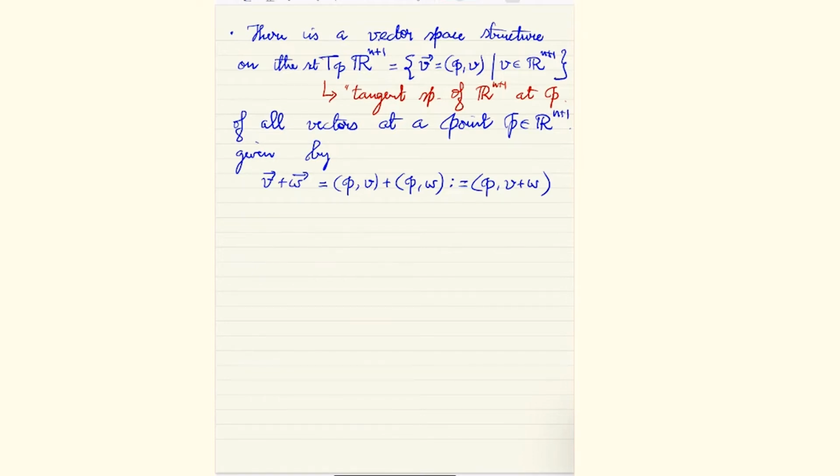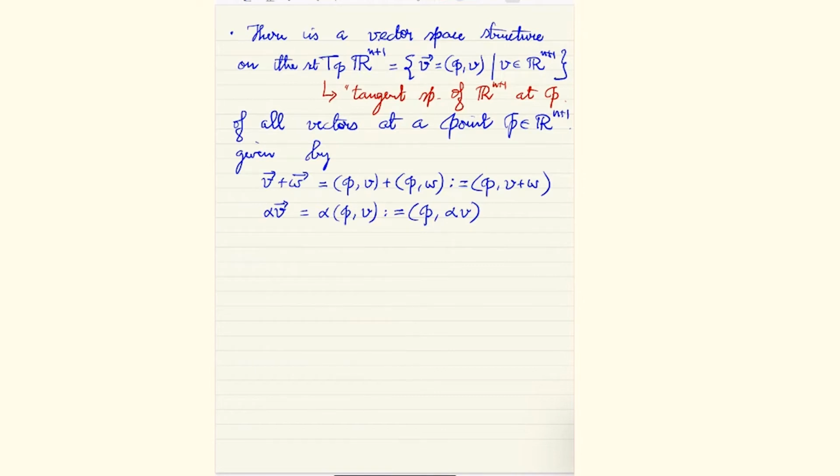So what is scalar multiplication? In order to have a vector space structure, you need that. So scalar multiplication, again, you do it only in the second coordinate. You have to say what the action is on this pair, and that I define to be P comma alpha V. So this gives the vector space structure.